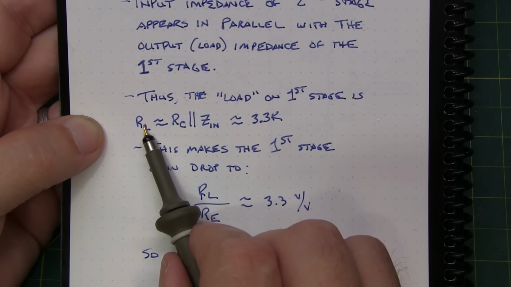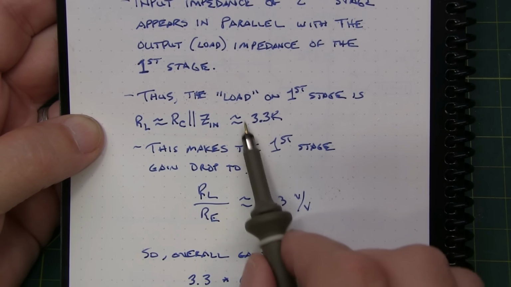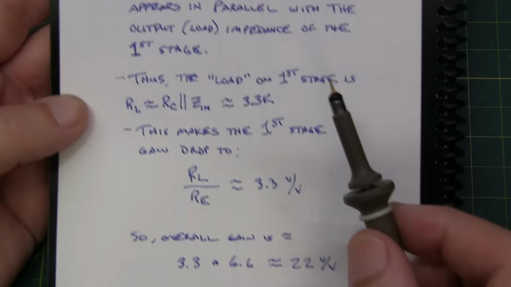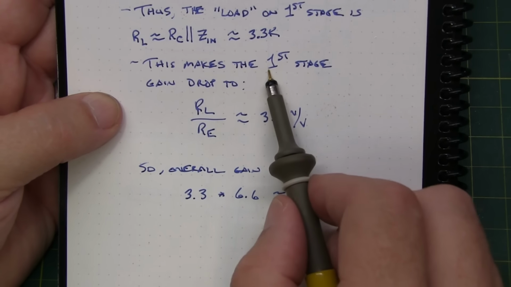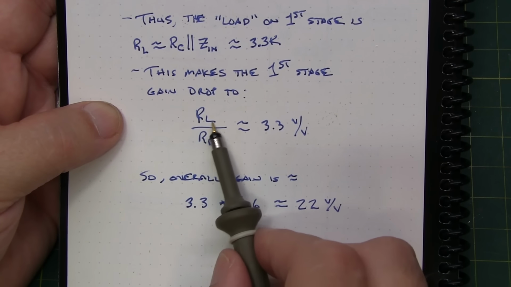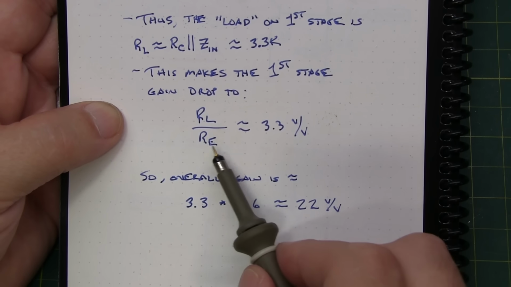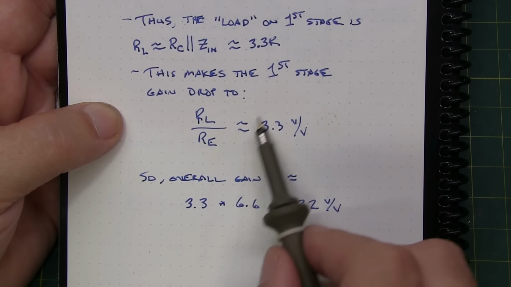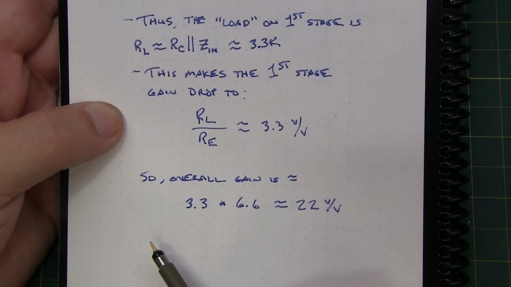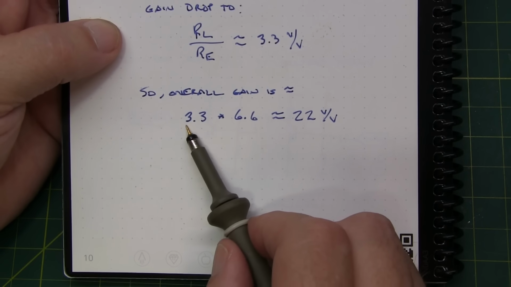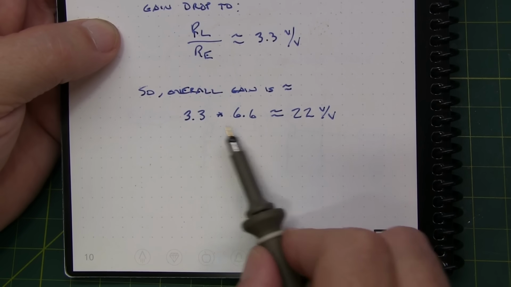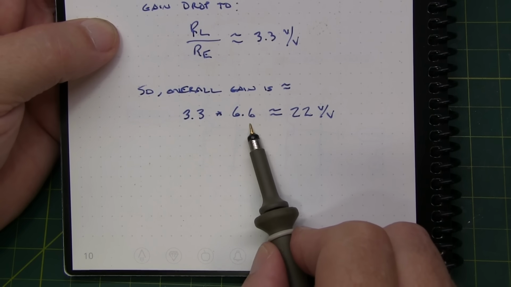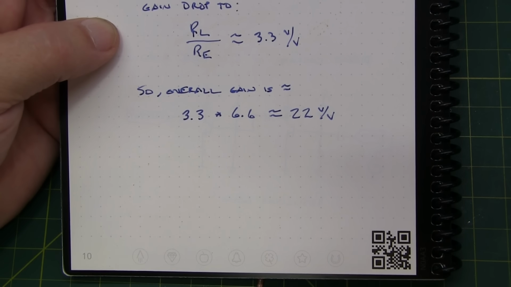That results in an effective load on that transistor of only 3.3 k. So that makes the gain of that first stage drop to essentially 3.3 k divided by about 1 k, or a gain of about 3.3. So the overall gain is going to be 3.3 on the first stage and then the 6.6 on the second stage, which gives us that gain of 22.